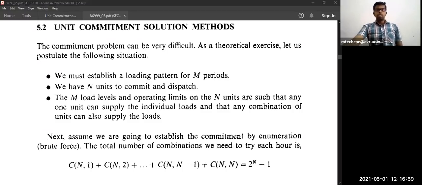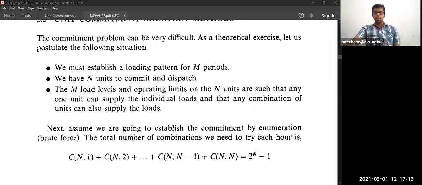Now, unit commitment solution methods. The commitment problem becomes very difficult as a theoretical exercise. Let us postulate the following situation to see why the unit commitment problem is very difficult. We establish the loading patterns for M periods.